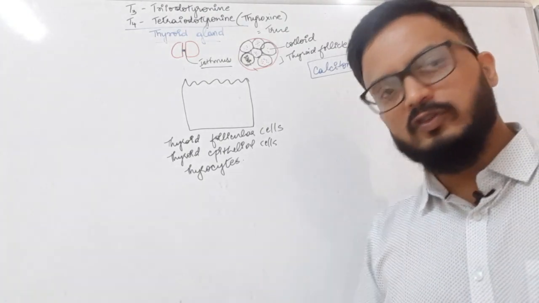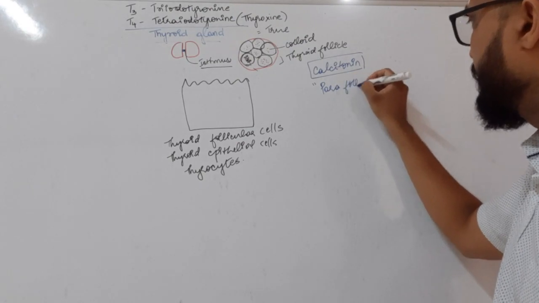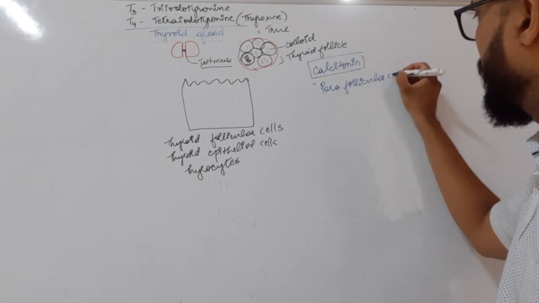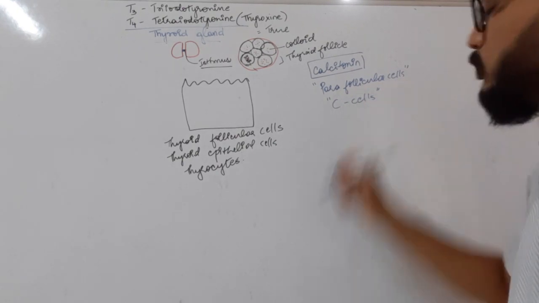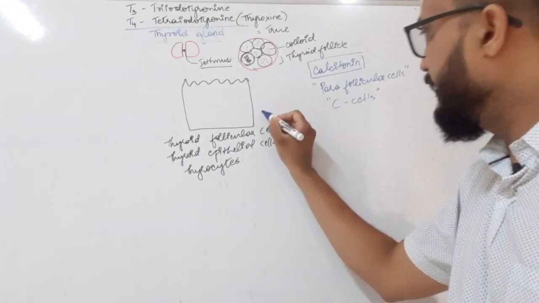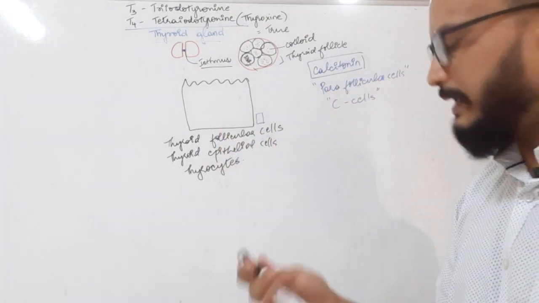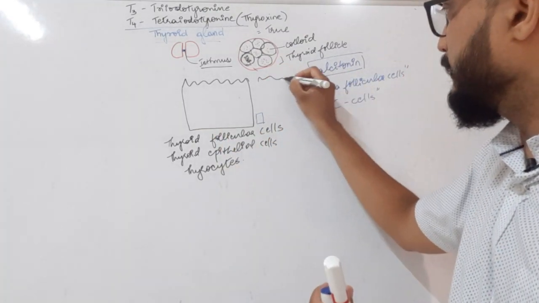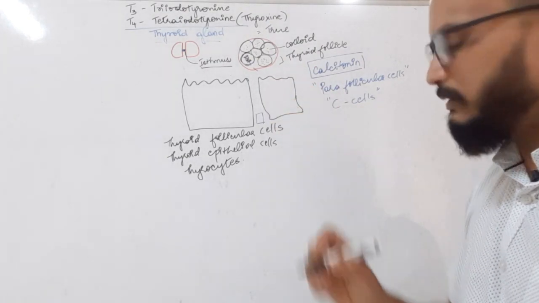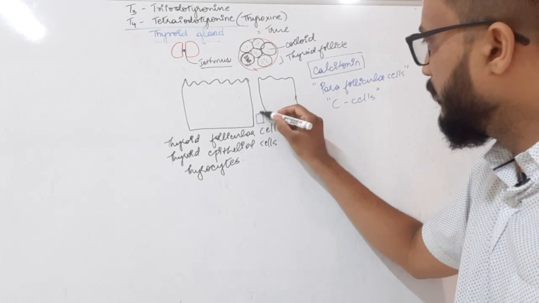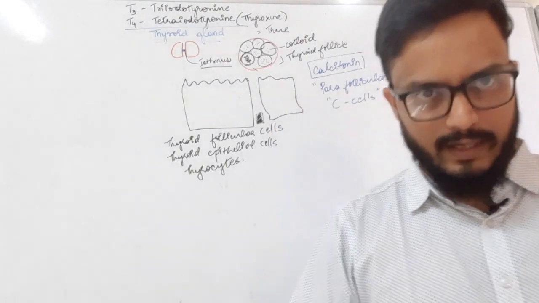It is produced from cells called parafollicular cells, or C cells, which are present near the follicular cells. So we have one follicular cell here. If you consider this as another follicular cell, near the follicular cell there may be a parafollicular cell which produces calcitonin.